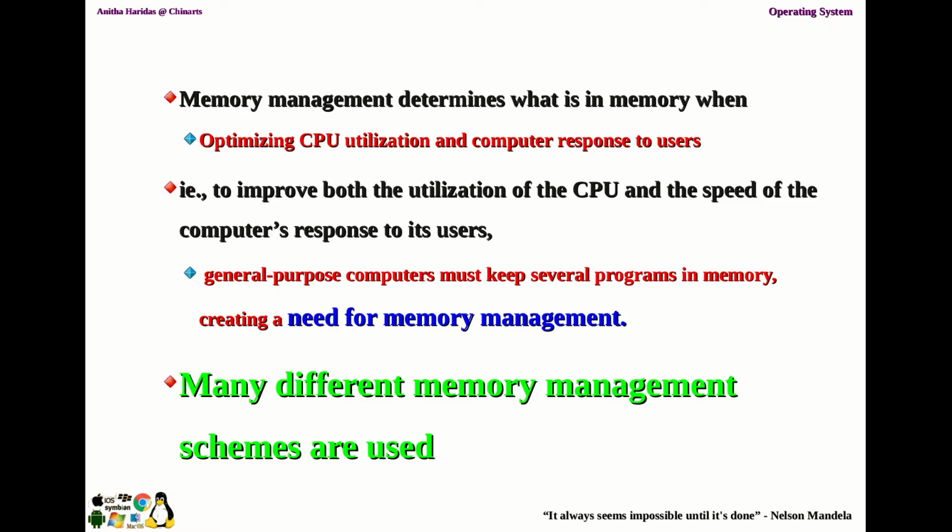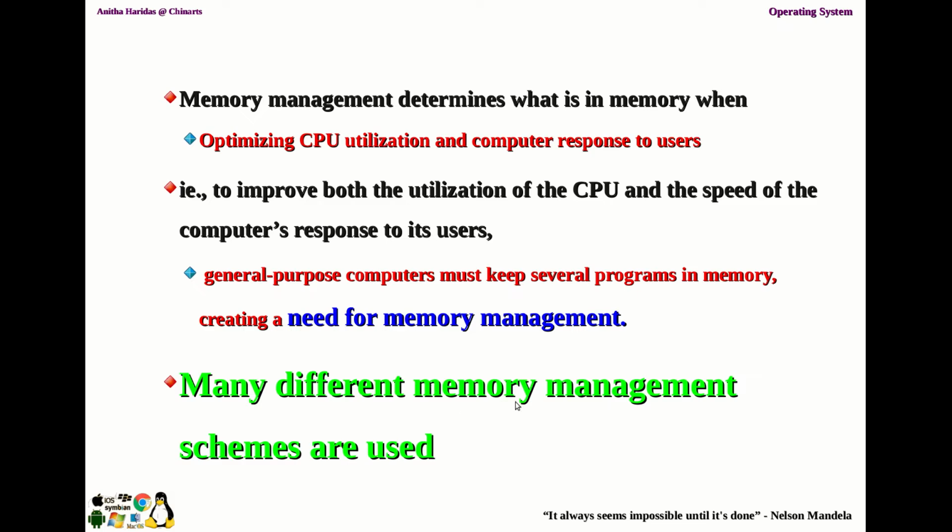So if I want to utilize the CPU in an effective way, I have to have more than one program or several programs in the primary memory. Since we are going for more programs in the primary memory to improve the utilization of the CPU, what happens? The need for memory management arises.